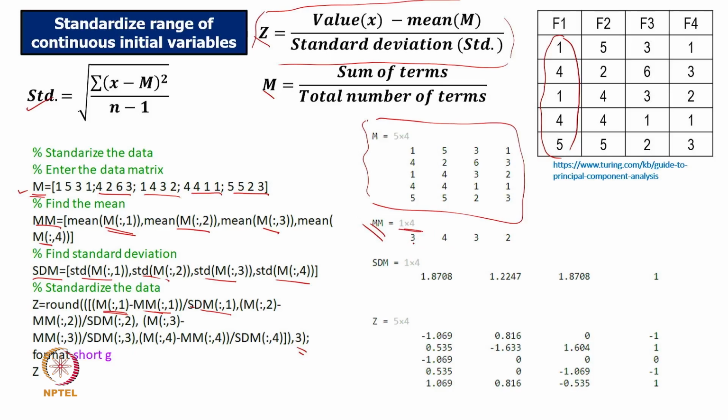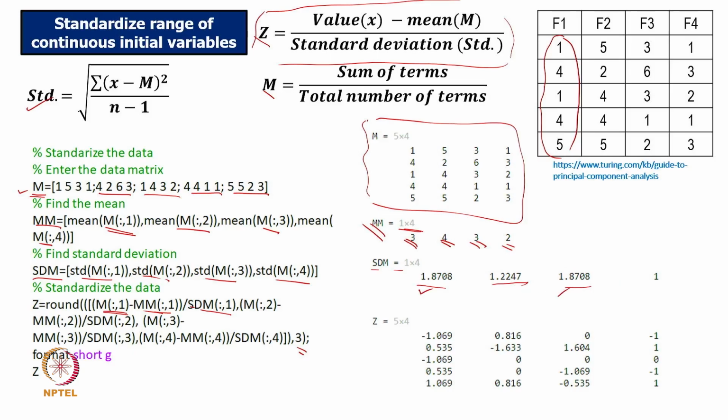So, that means initially F1 has a mean value 3, F2 has a mean value 4, F3 has a mean value 3 and F4 has a mean value 2. Now, coming to the standard deviation, again for each column or each variable we have a standard deviation. So, for F1 the standard deviation is 1.8708 and then F2 has 1.2247. Now F1 and F3 have the same standard deviation.